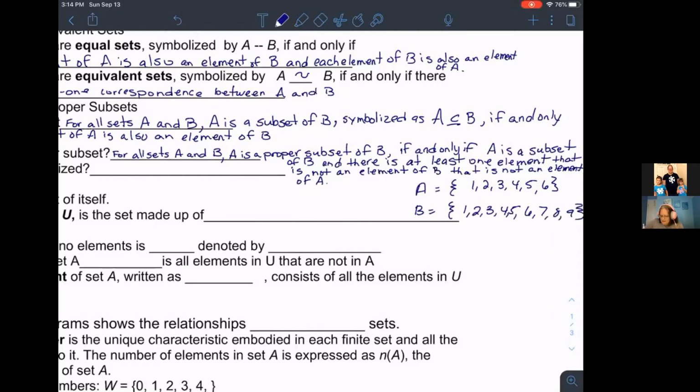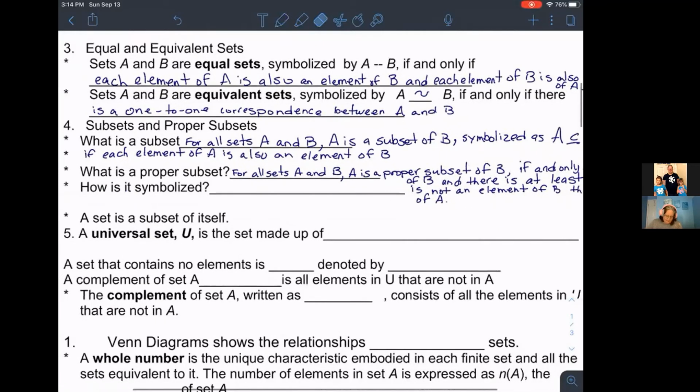So A is a subset of B because all the elements in A are actually in B as well. But to make it a proper subset, B has to have more elements than A that are not included in A. So that's the difference between a regular subset and a proper subset. B has to have more than A.